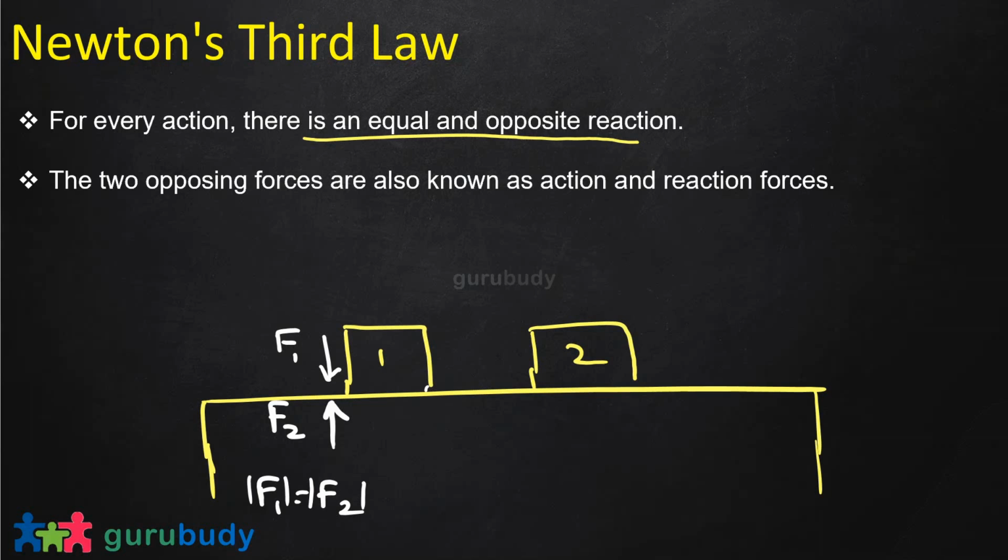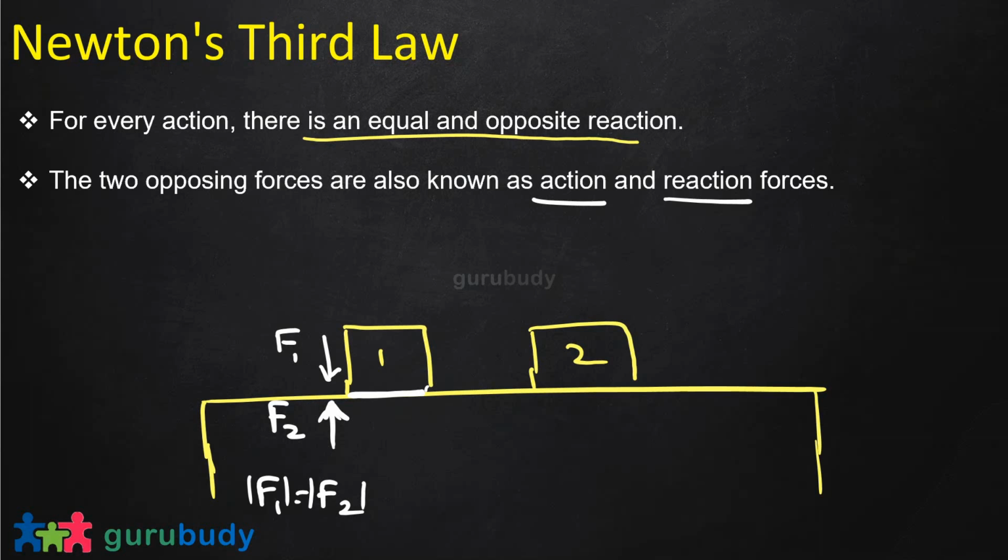Whenever there is an interaction, and there is an interaction here between the box and the table, there would be a force, and those forces will always occur in pairs and in opposite directions. Those are called action and reaction forces. As this box applies the force on the table, you can think of that as the action force, and the table applies F2 to counter that.